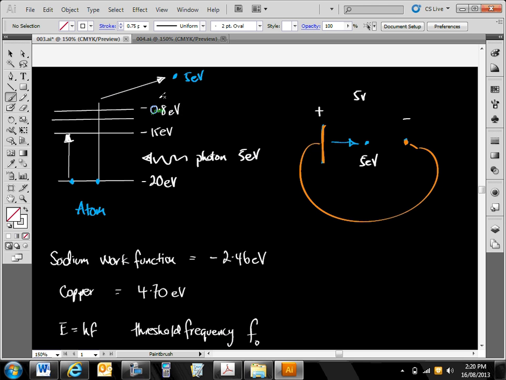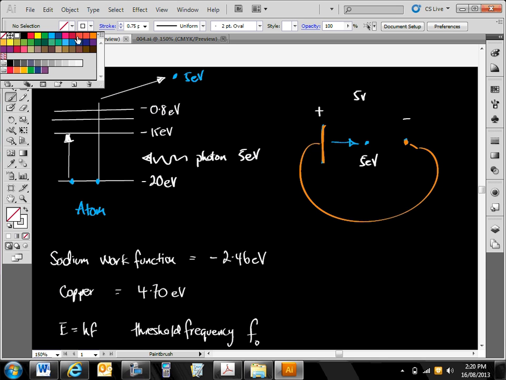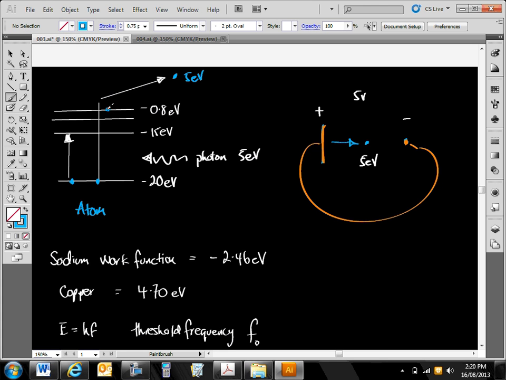Now, these are negative energies, which I don't like saying, but essentially these electrons up here, because we have energy coming into the atom, it excites an electron in the lower energy level, or the ground state, you might say, up to a higher energy state. So this number, minus 0.8, is actually a higher energy state than this minus 20 eV.